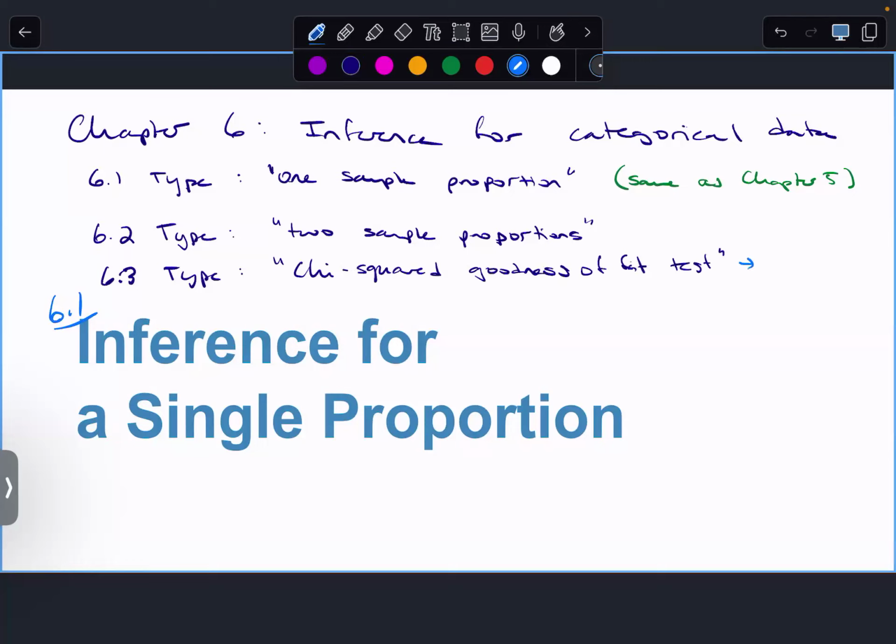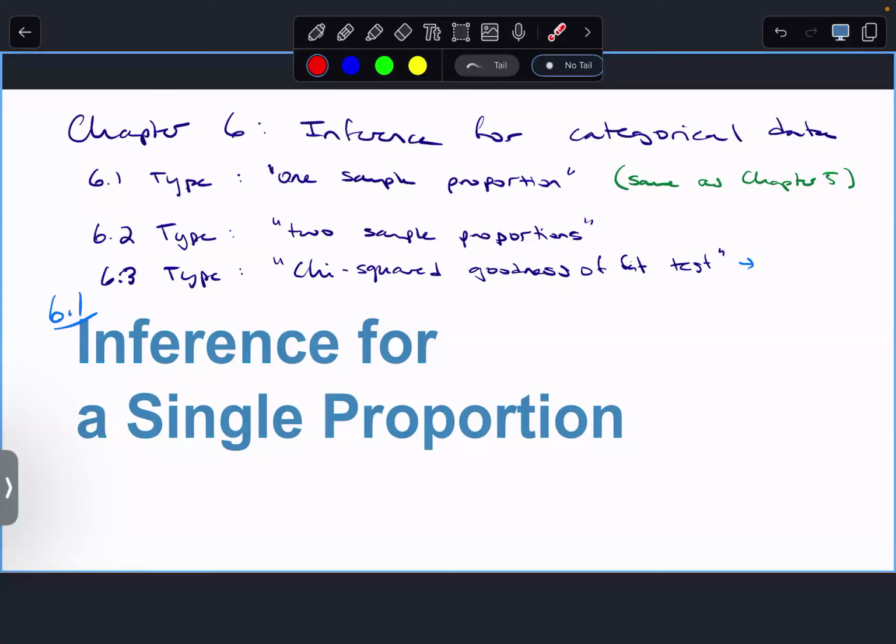Today we're still going to talk about one sample proportion: how does it compare to some hypothesized number? Then we move into two sample proportions. All of a sudden I have two things that I can compare to each other.